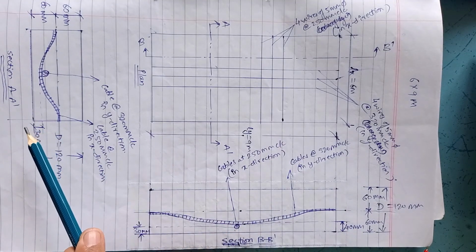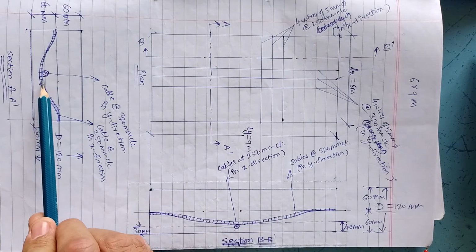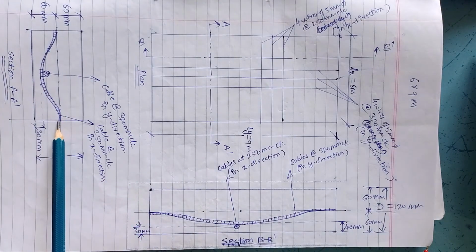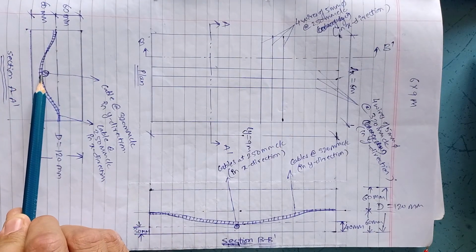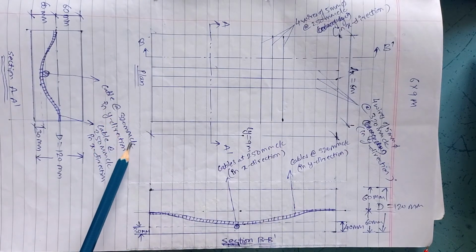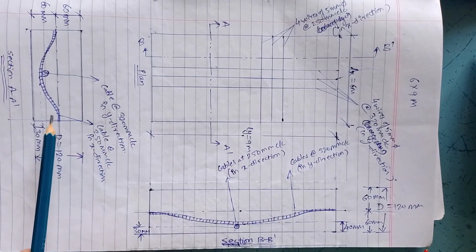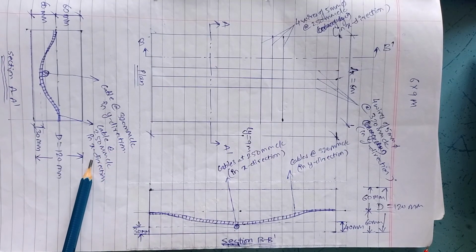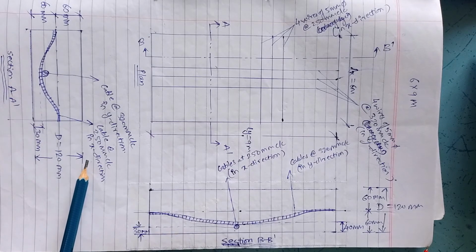And this is section A dash, which shows this downward cable is along X direction, and the cable upwards shown in section is the cables along Y direction. That is cable at 320 mm center to center along Y direction.